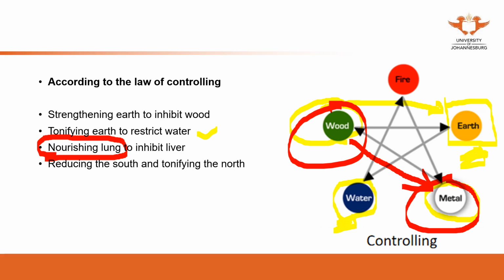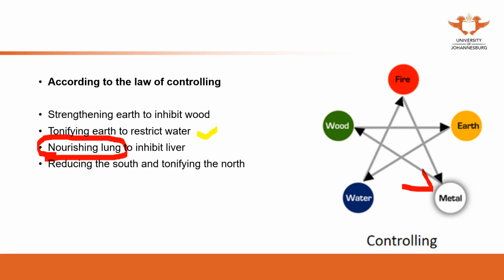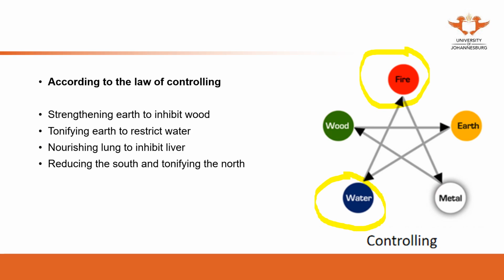Reducing the south, tonify the north. Where is the south? Where is the north? The south is the fire. The north is the water. So reducing the south and tonifying the north is talking about the relationship between the fire and water.